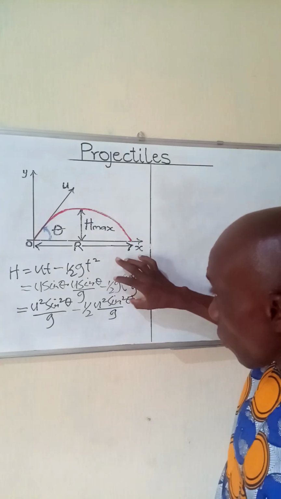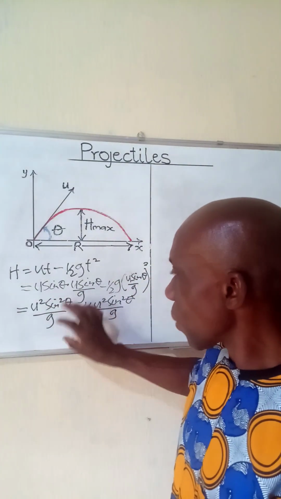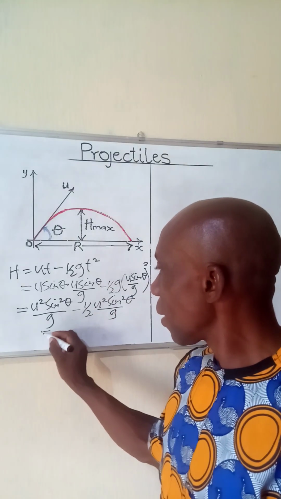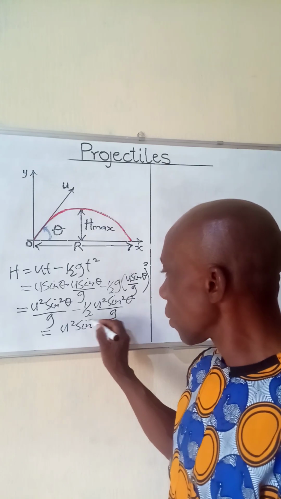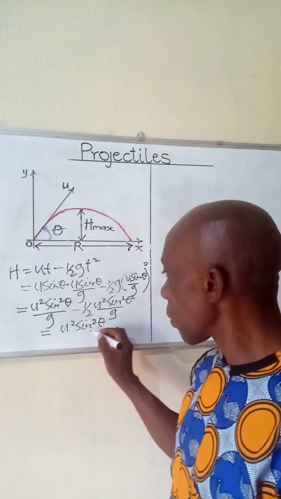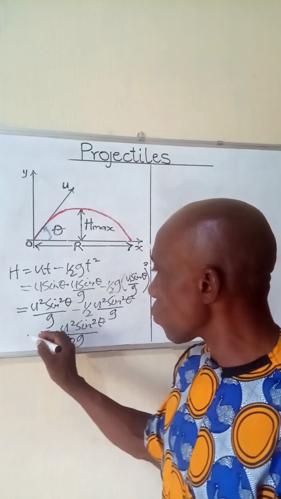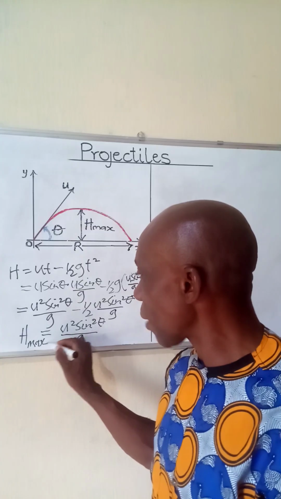That is, if you resolve this, that's what you are going to have. So u square sine square theta over g minus half u square sine square theta over g. So we end up having, as a result, u square sine square theta over g. There's a 2 here, so it's going to be 2g. That's h max.